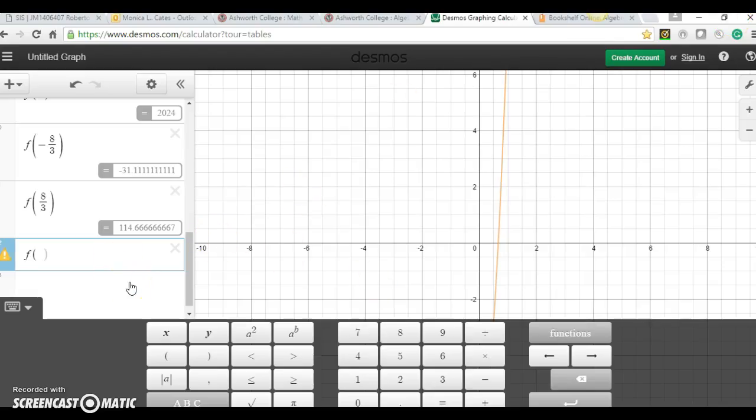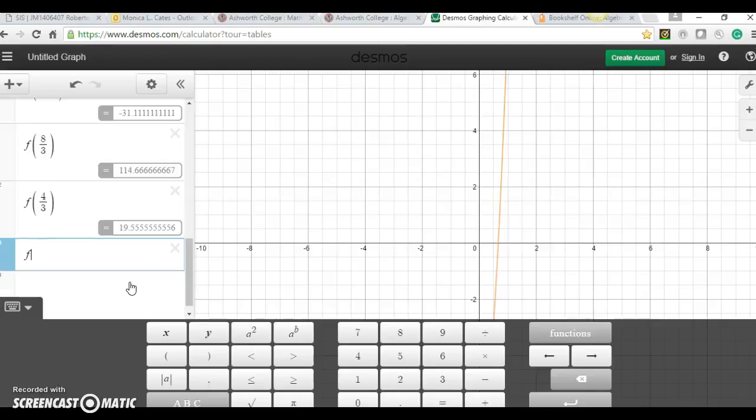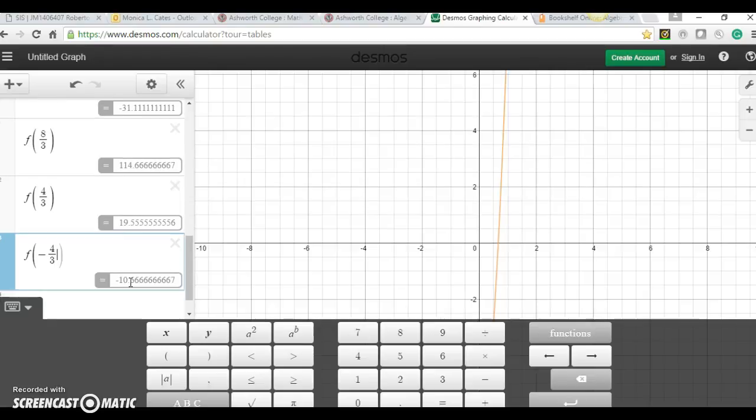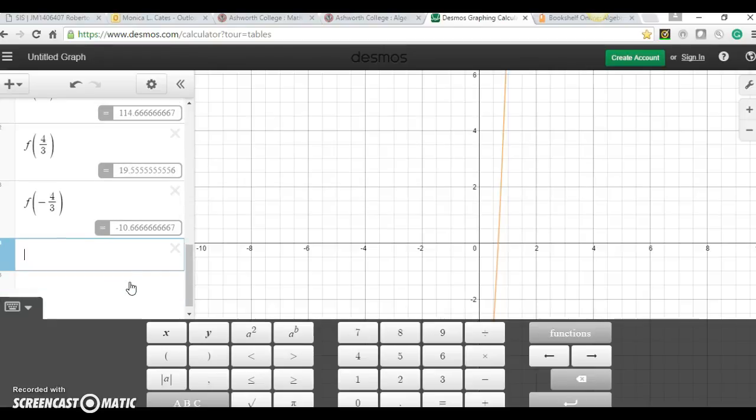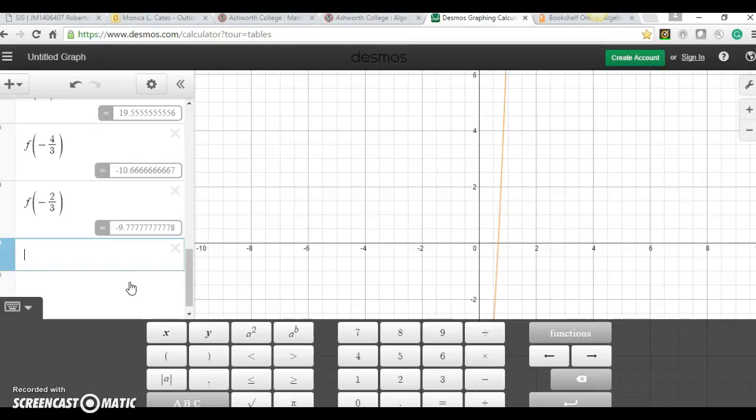Let's plug in 4 over 3. Doesn't work. Let's plug in -4 over 3. Still doesn't work. Let's plug in -2 over 3. Doesn't work.